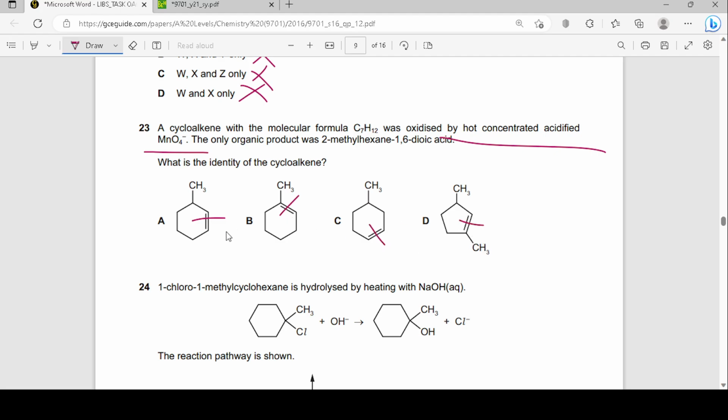It's called oxidative cleavage of the C=C double bond. And because this is a primary carbon, and this is also a primary carbon, you will get a COOH here, right? So you'll get, what do you call it?